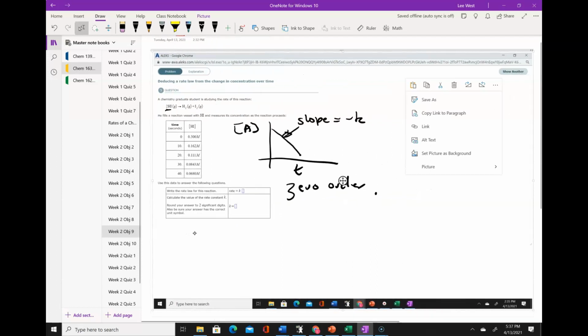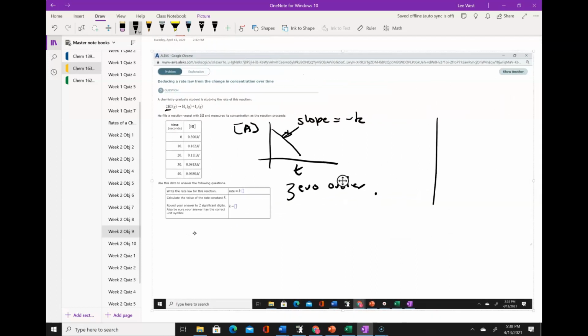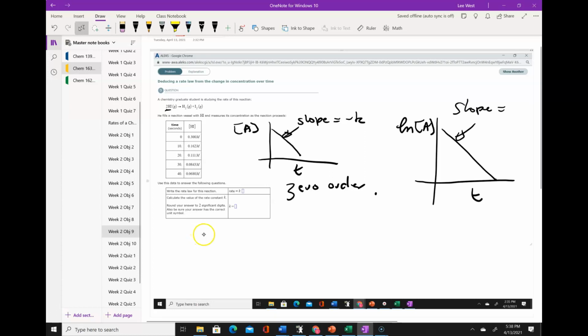We are also going to make a plot of log of the concentration against time. And again, if we get a dead straight line where the slope is equal to minus k, then we know that our reaction is first order.